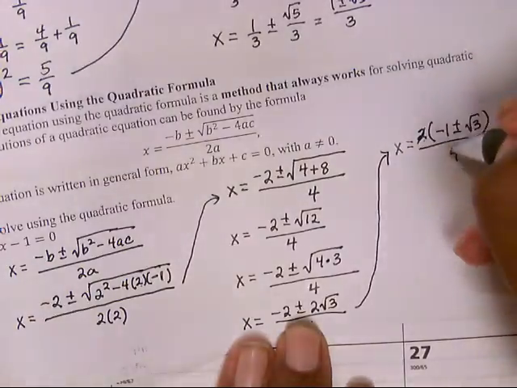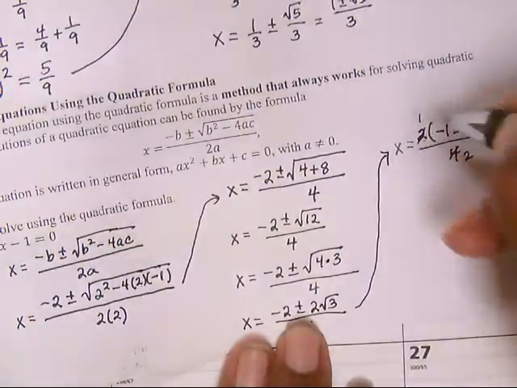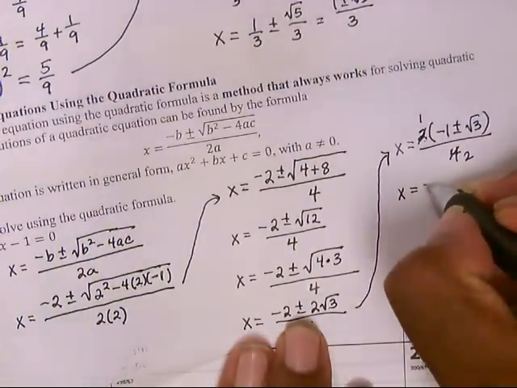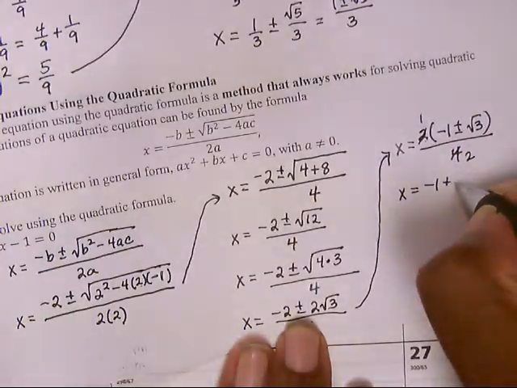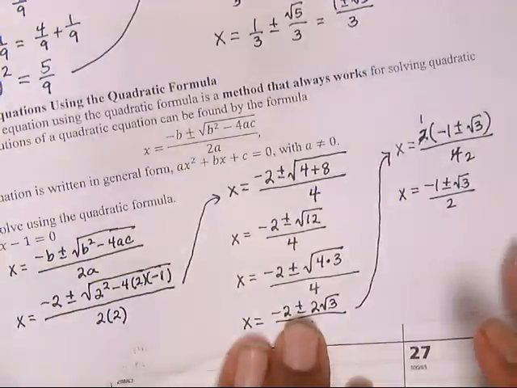And then divide 2 with that 4, I'll have a 2 in the denominator. This will be a 1 up here. So I'm having x is equal to -1 plus or minus the square root of 3 all over 2.